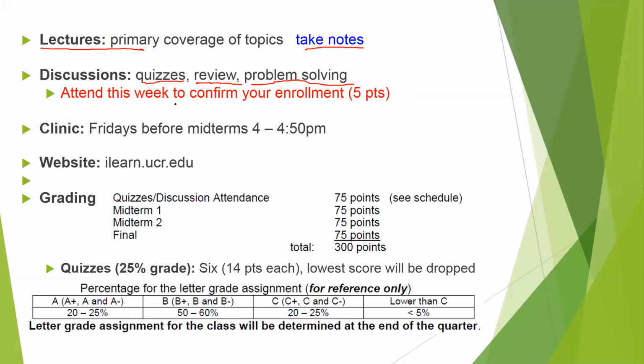For the first week, tomorrow, I believe each of you has enrolled in one discussion session. Please make sure to attend tomorrow's discussion. Although there's no quiz tomorrow, your attendance is important because it will be used to confirm your enrollment, and this is worth a free 5 points.